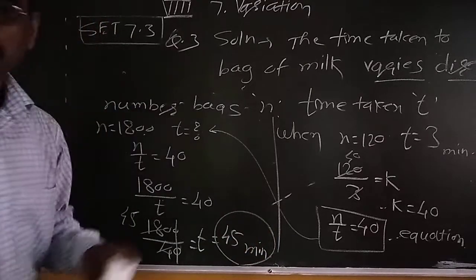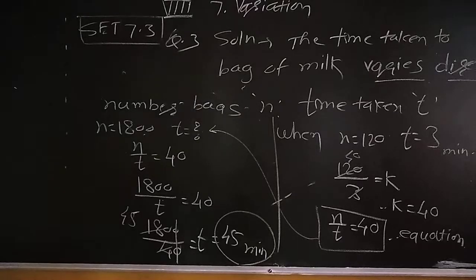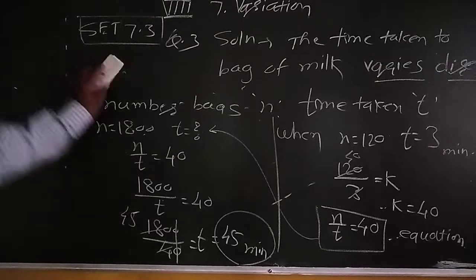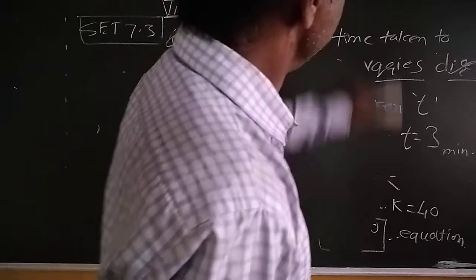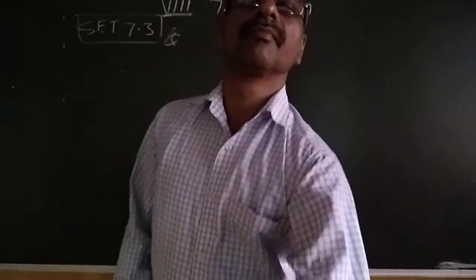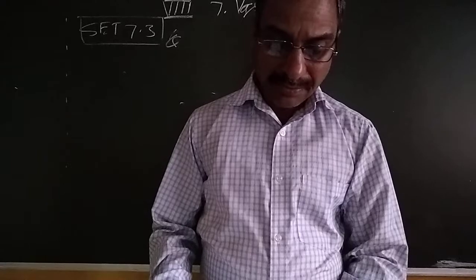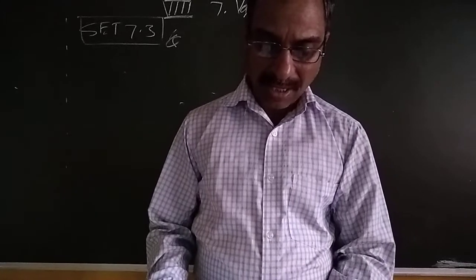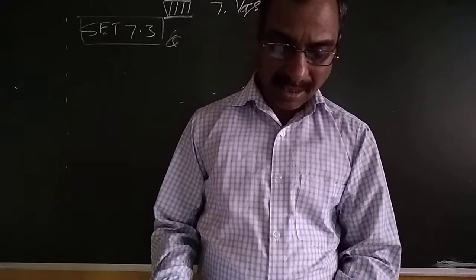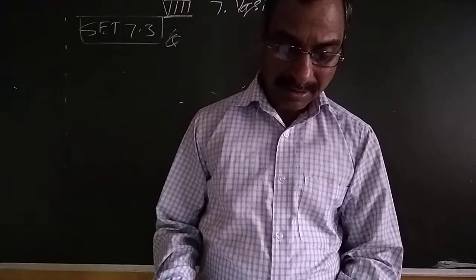Then we are going to solve question number 4. A car with a speed of 60 km per hour takes 8 hours to travel some distance.